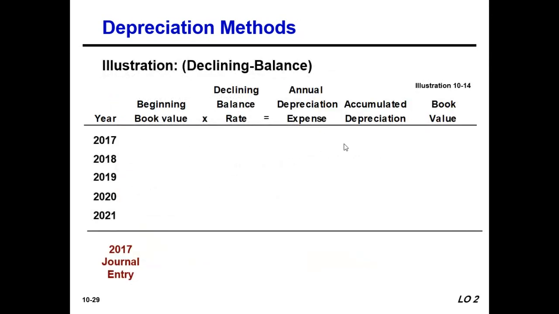Okay. So now how we calculate? So what is the beginning book value? That's how you start. Because first year book value is same as what will be the book value in the beginning of year? Can you tell me? What should be the beginning book value in 2017?